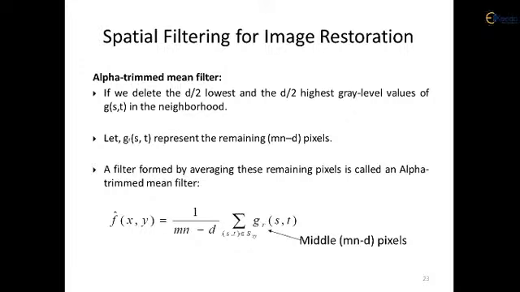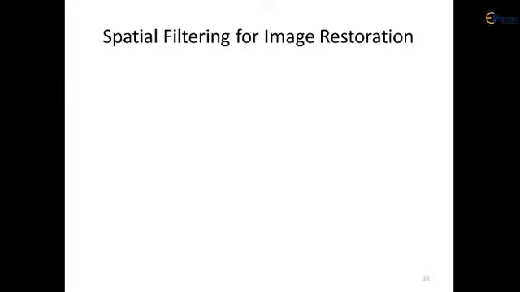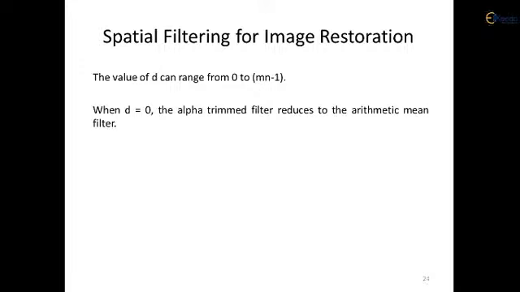The value of d is the threshold value we have to set. That can range from 0 to mn minus 1, so the entire range is available and different possibilities exist. When we select d equal to 0, the alpha trimmed filter is nothing but the arithmetic mean filter that we have already seen.